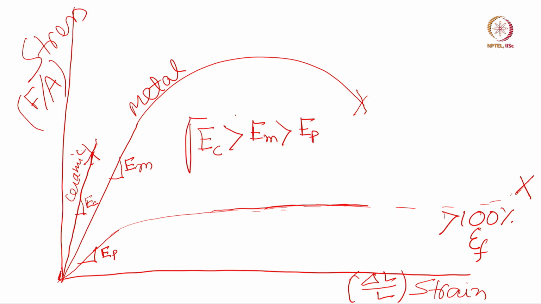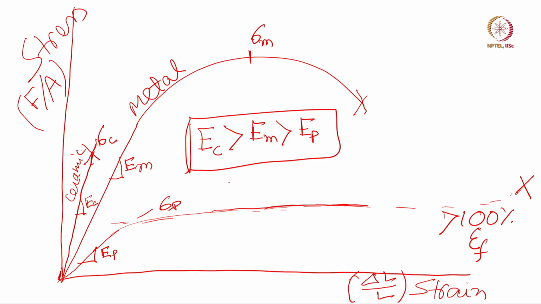What it means is that the elastic modulus of ceramics is much higher than metals, which is much higher than polymers. How about strength? Suppose this is the strength of metal sigma m, this is the strength of ceramic sigma c, and this is the yield strength kind of, sigma p.